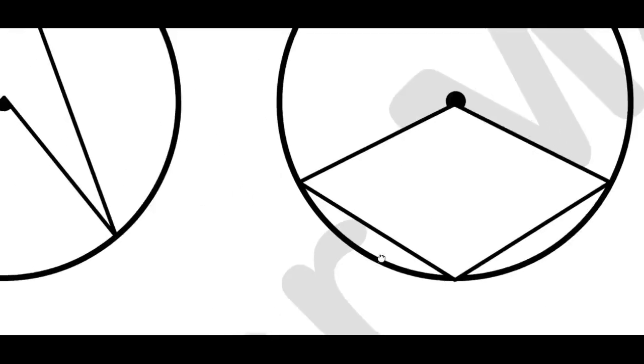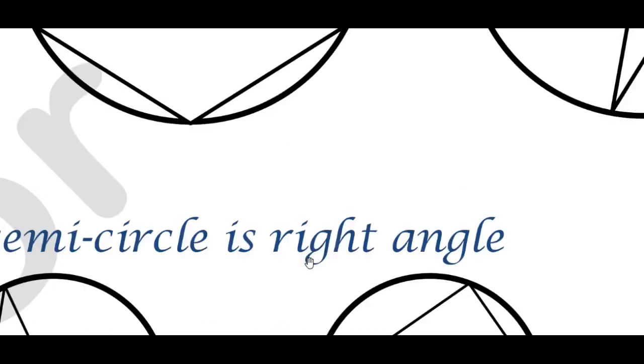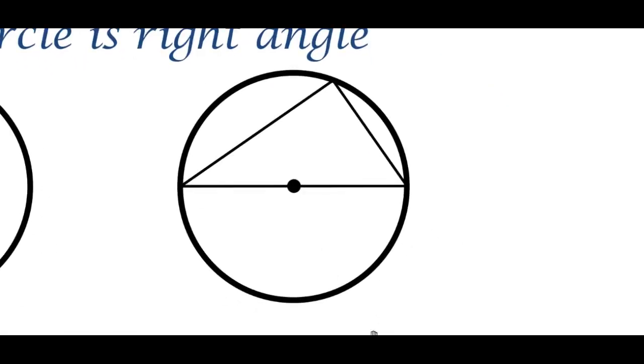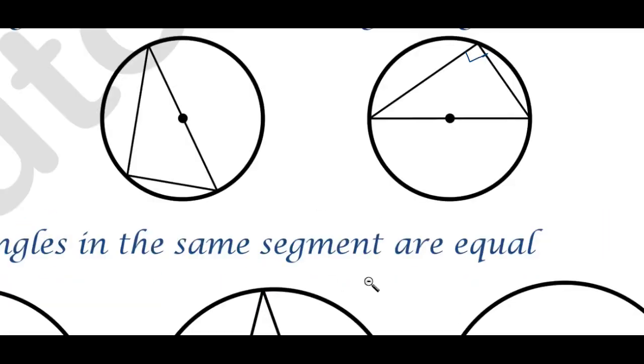So that is angle in a semicircle. All right. So look at these two. This is angle in a semicircle. So this place is equal to 90 degrees. That is all about theorem 4.